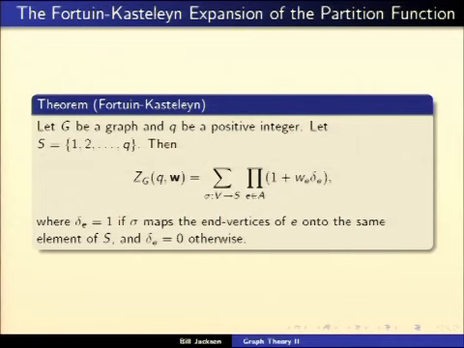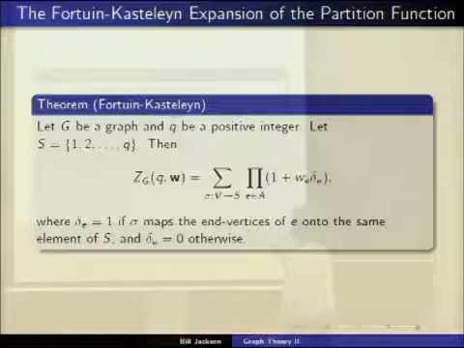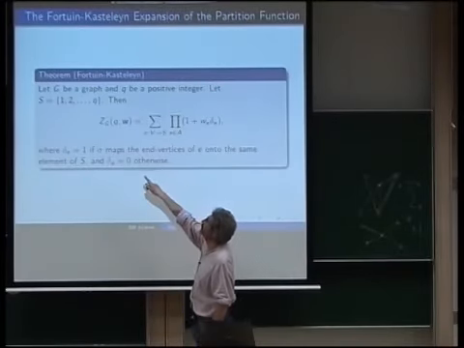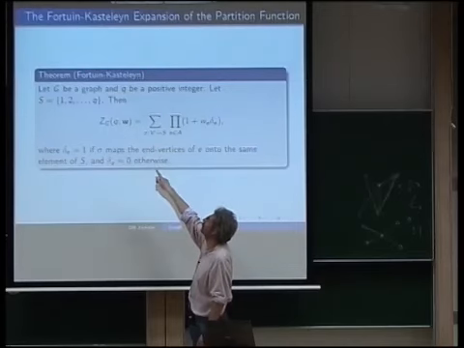So this is saying that the partition function which we had on the previous slide, we can get by considering all colorings of the vertices with q colors, but not necessarily proper colorings. So sigma is a coloring of the vertices. Each vertex is colored either 1, 2, 3 up to q.